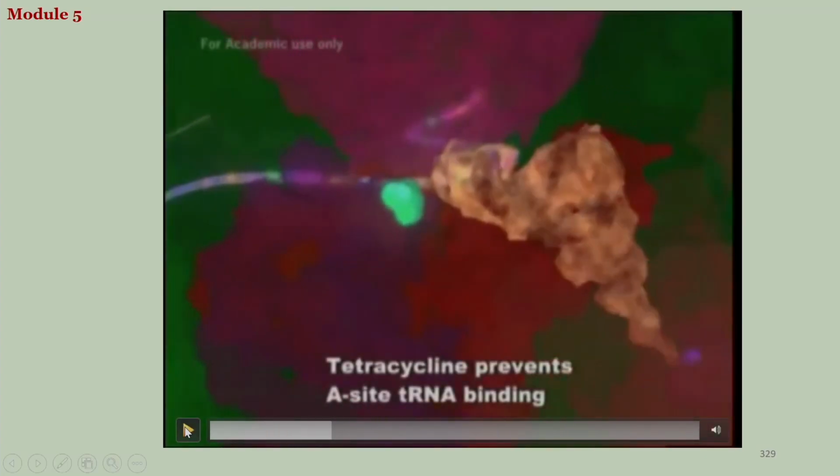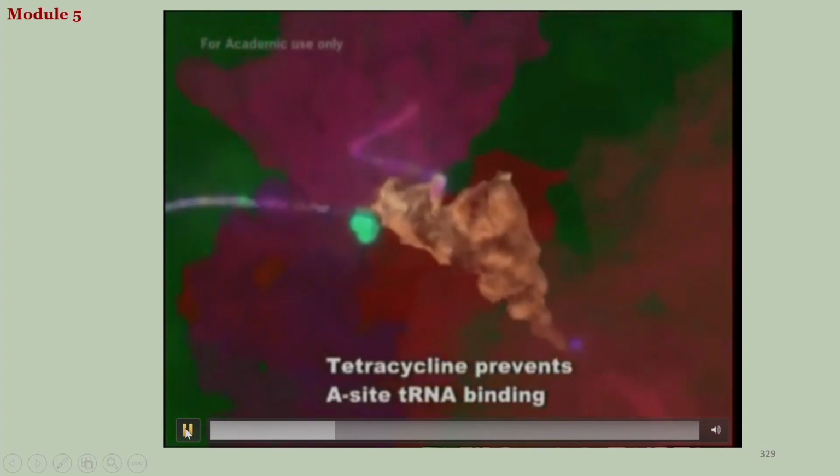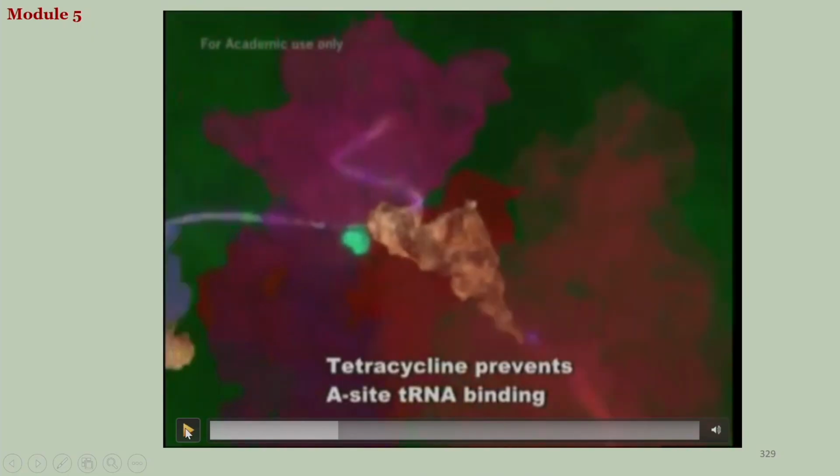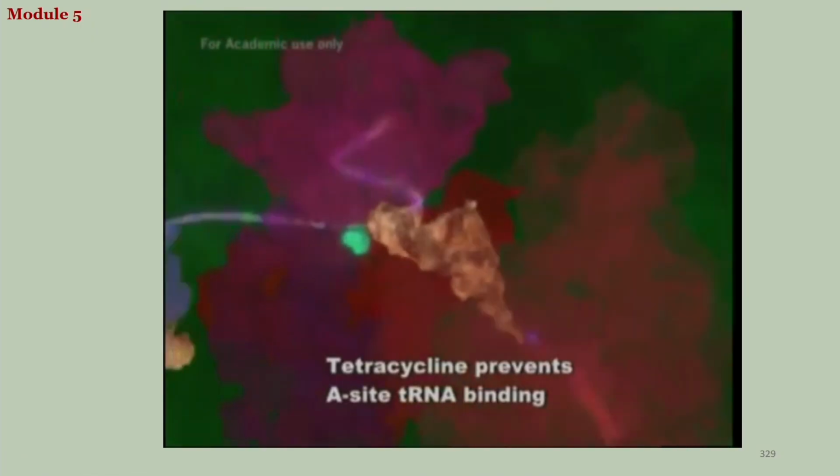This is another antibiotic, very well known, tetracycline, that prevents A site tRNA binding, the approach site. So you have already your mRNA in the ribosome, you have the tRNA that is conjugated to the amino acid sequence, which is in the blue fluorescent color.